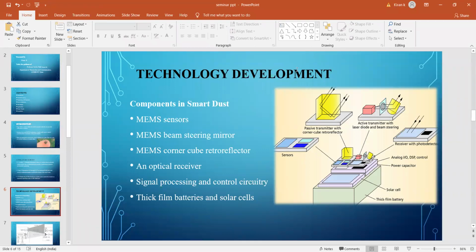Next is the beam steering mirror. The steered laser transmitter consists of a semiconductor diode laser coupled with a lens and a MEMS beam steering silicon micromirror. This is for reflecting the laser light, which is of high power density. And the corner cube retroreflector. Here in the diagram we can see the corner cube retroreflector in a yellow box.